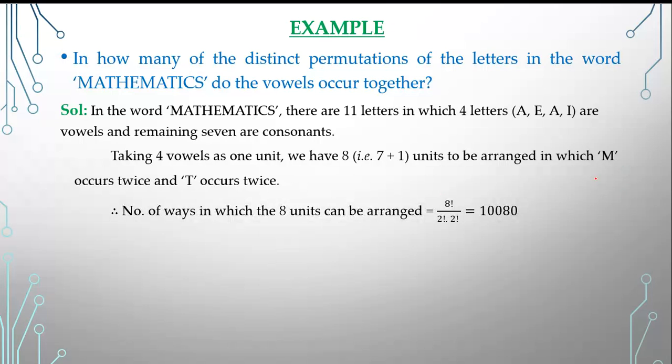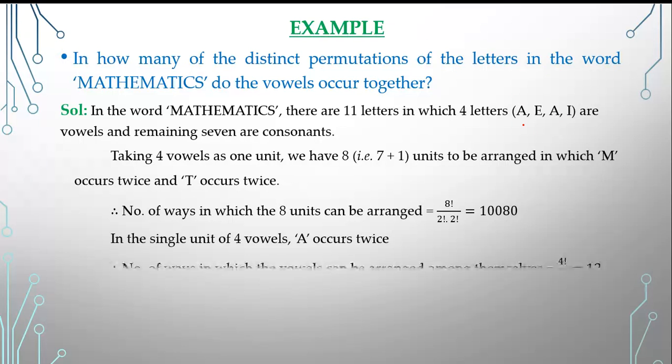So the arrangement of these 8 units is 8 factorial upon 2 factorial multiplied by 2 factorial, because two m's and two t's are there. Now in the four vowels, A comes two times. So the arrangement of these four vowels is 4 factorial upon 2 factorial, that is 12.